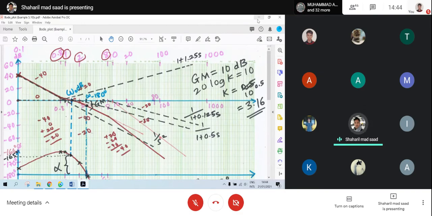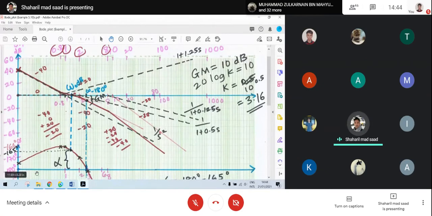After that, you need to find the gain margin. You need to look at where your phase angle crosses minus 180, and then you bring this line to the gain plot. This will be your gain margin.